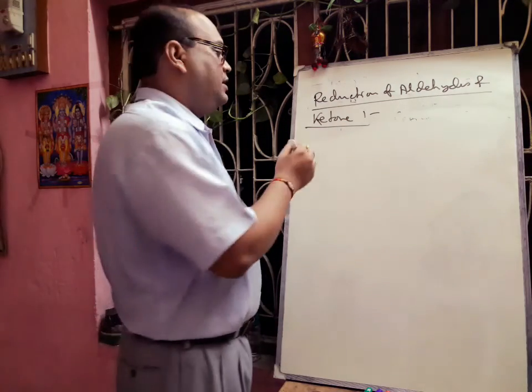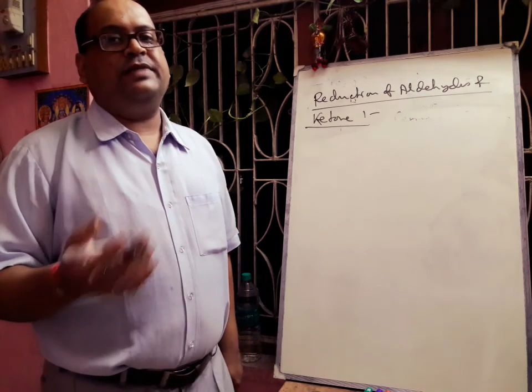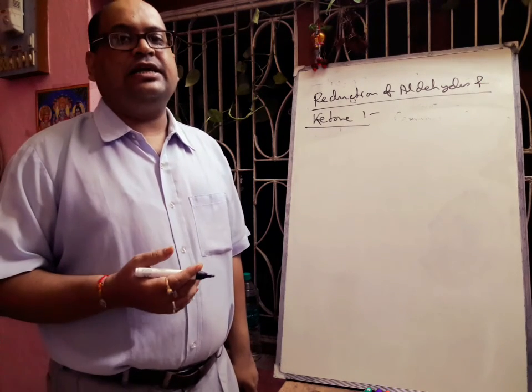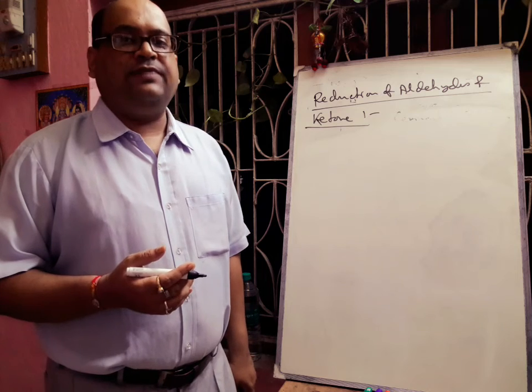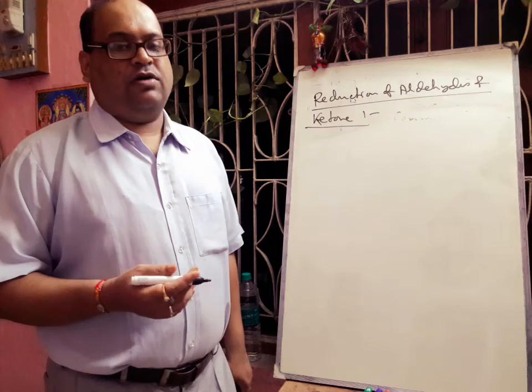Next reaction is reduction with HI in presence of red phosphorus. When aldehydes and ketones are heated with HI in presence of red phosphorus at 420 Kelvin, hydrocarbons are formed.